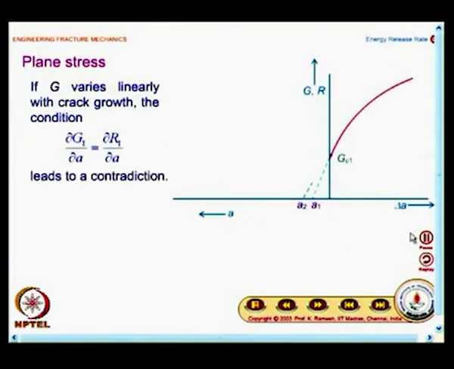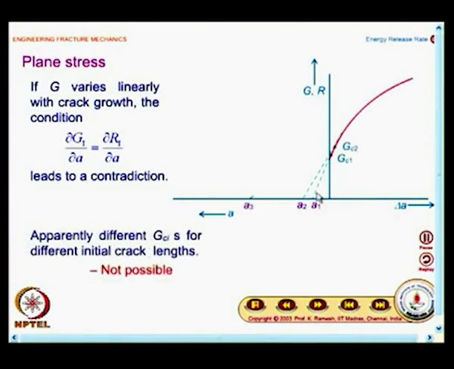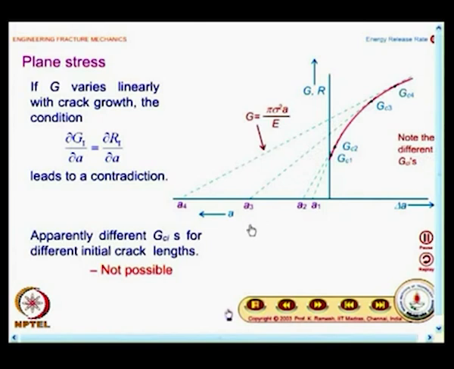See, when you have the energy release rate as a straight line, it leads to another contradiction. We have the expression for G as pi sigma squared A divided by E. So, they are all straight lines.